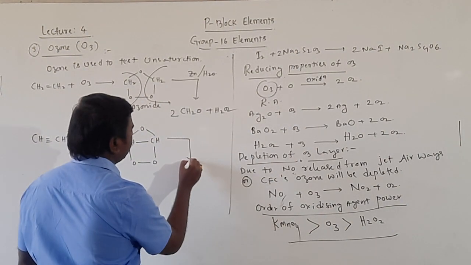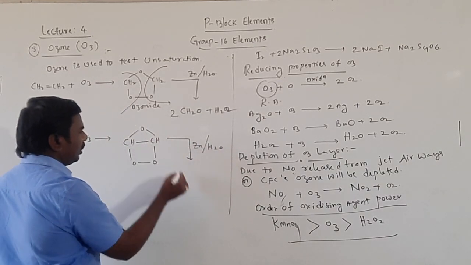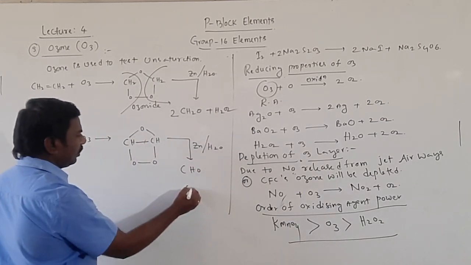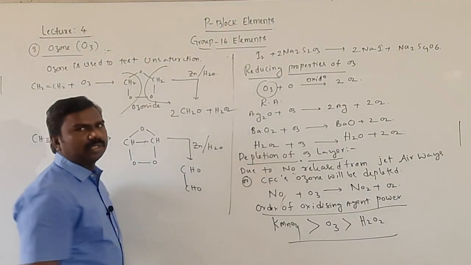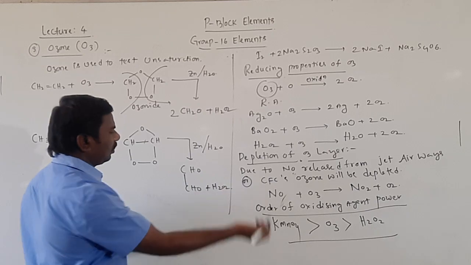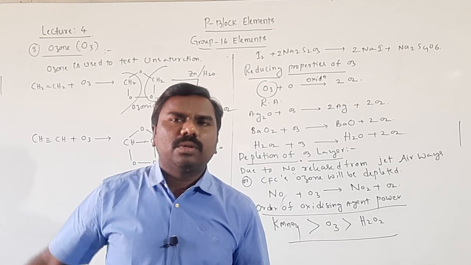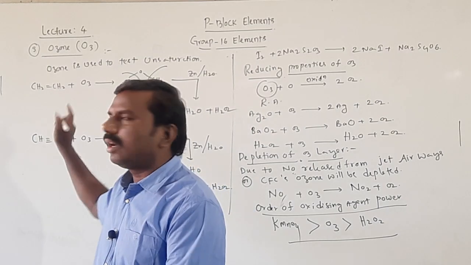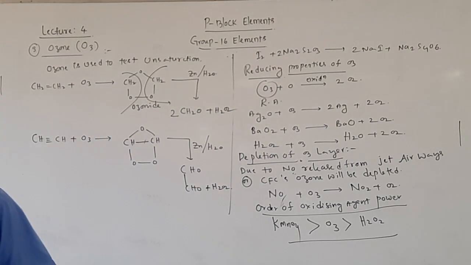Again when treated with zinc in the presence of H2O, it becomes CHO and CHO, glyoxal. Then O is removed as H2O. The formation of glyoxal indicates the presence of a triple bond. So there is unsaturation in the given compound. You can test the unsaturation also by ozone.